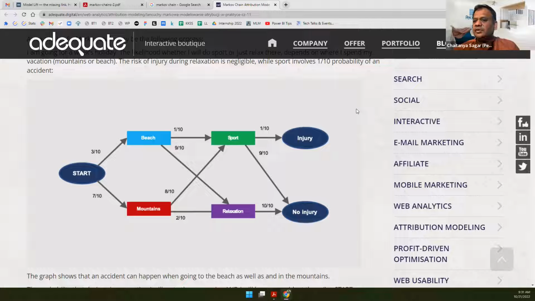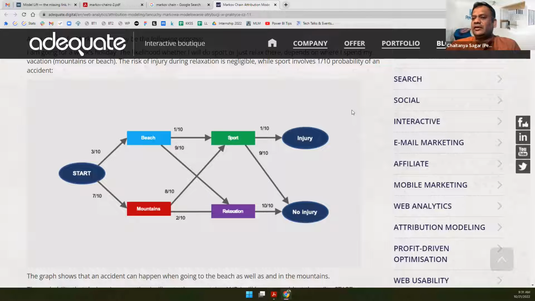Again from sport, injury, non-injury, etc. And similarly mountains go to sport, relaxation, and then injury, no injury. From relaxation, there is no injury, by the way. That's a very good thing. The idea here is we want to predict whether there will be an injury or not.